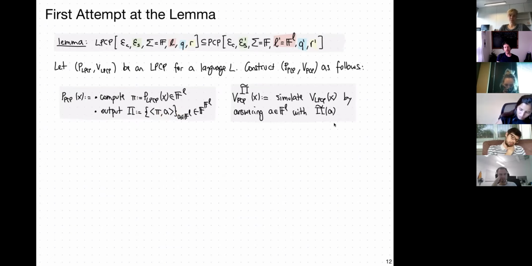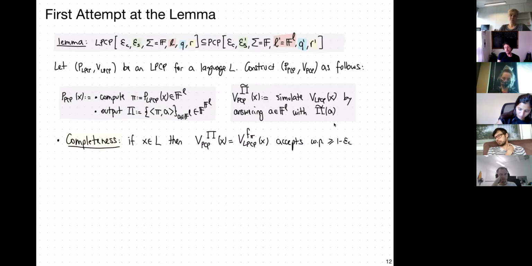And then the PCP would just emulate by answering with respect to that. Whenever it would want a linear combination, it would just read the point which corresponds to that. Completeness would definitely hold in this case, because if you write everything exactly according to plan, then you want to know a certain linear combination, and you check it.